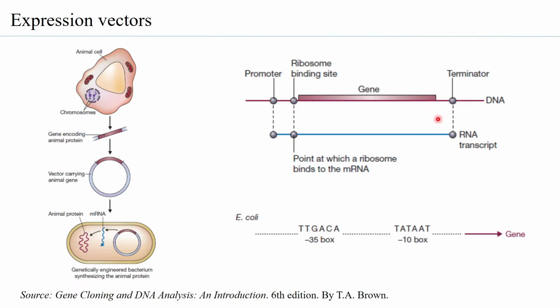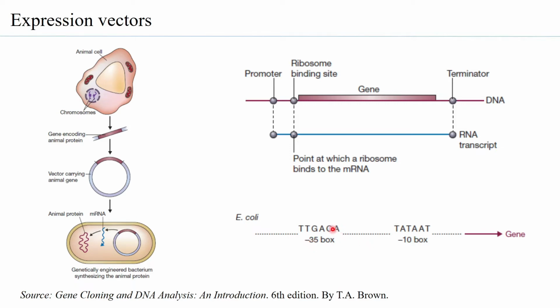In E. coli, so when you want to use an expression vector in E. coli, the promoter that the E. coli RNA polymerase recognizes is a -35 box. So you have a sequence at the -35 region upstream of the gene of interest, and you have a -10 box. So this is the TATA box, and this is the TTGACA box.